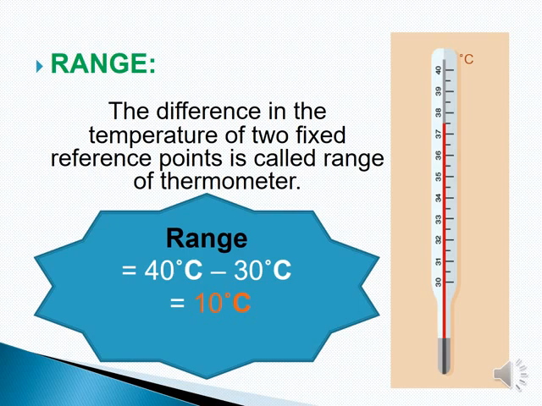Then how do we find the range? We find the range by subtracting the two fixed reference points. So range of this thermometer is equal to 40 degrees Celsius minus 30 degrees Celsius, which is equal to 10 degrees Celsius.